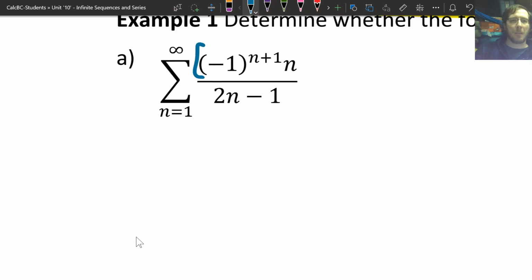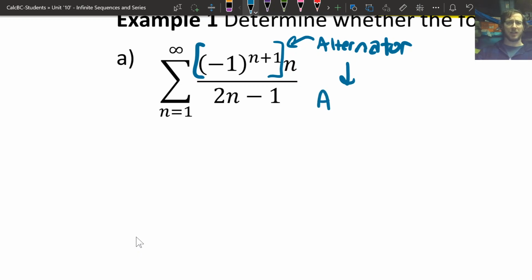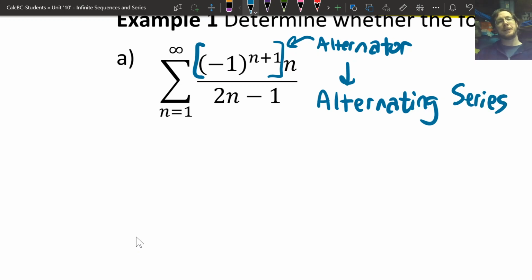Again, it's going to be important to pick out that alternator, because that's going to show that this is indeed an alternating series. Can't use the AST if we don't acknowledge and state that it's an alternating series.